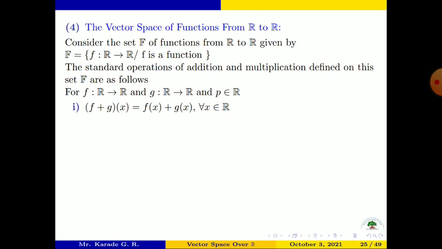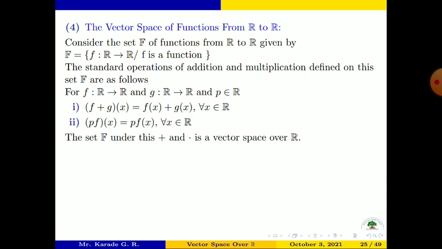Then we define addition of these two functions: (f plus g)(x) is equal to f(x) plus g(x) for all x belongs to R. And we define scalar multiplication: (pf)(x) is equal to p times f(x) for all x belongs to R. The set F under this addition and scalar multiplication is a vector space over R.